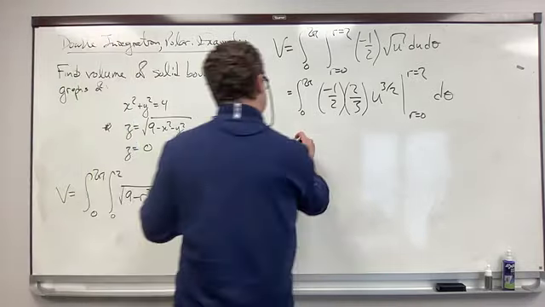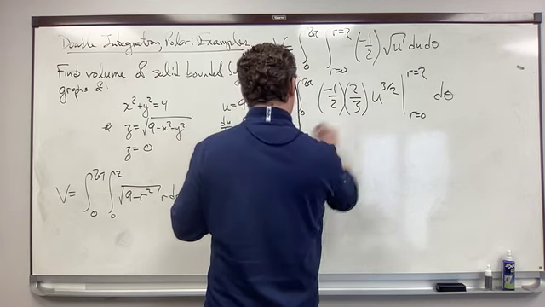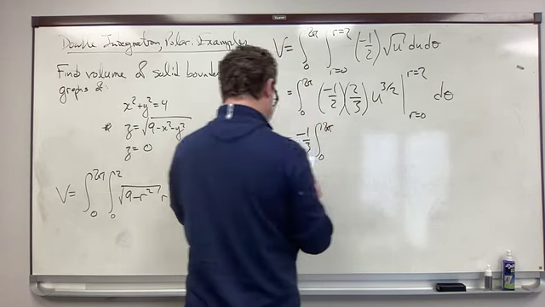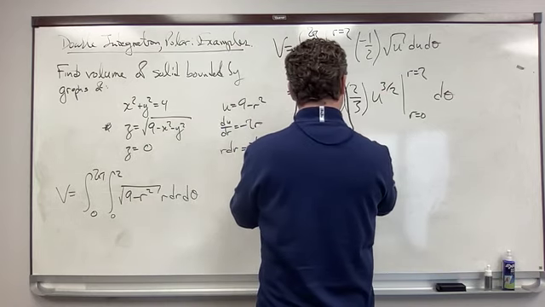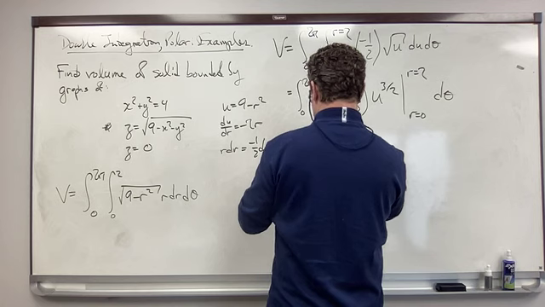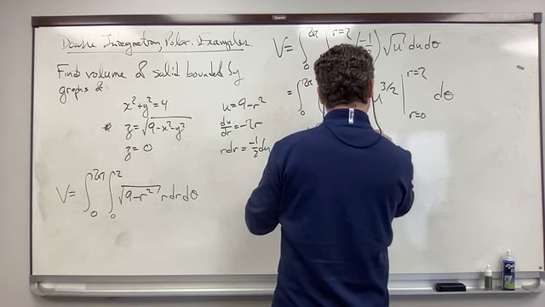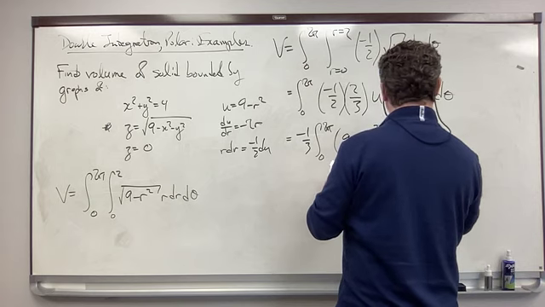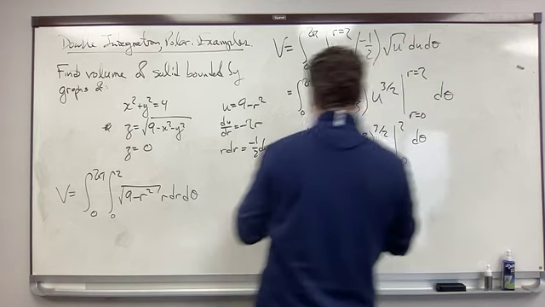Okay, so this thing becomes minus 1 over 3, 0 to pi, and then I'm going to put the u back in as 9 minus r squared to the 3 over 2, and now we're going back to r from 2 to 0, d theta.